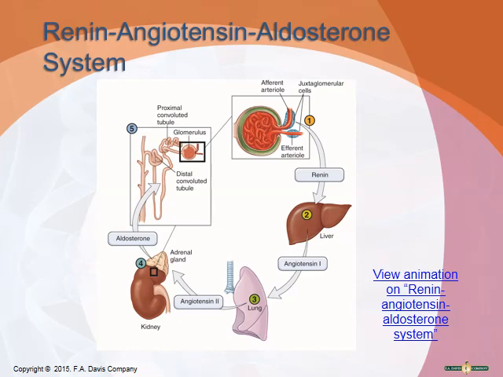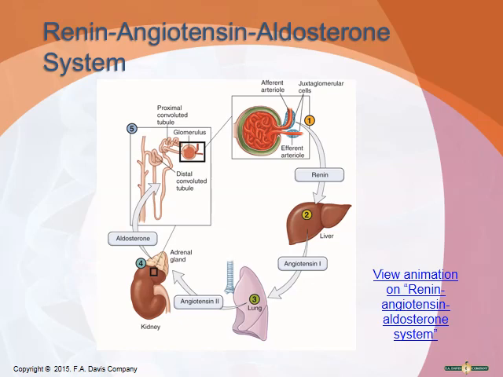How it works is, when there's a decrease in blood pressure, there's an area around the afferent arterioles that will respond to that decrease in blood flow to the kidneys by releasing the enzyme called renin. Renin will convert the plasma protein floating around in the blood, called angiotensinogen, into angiotensin 1.